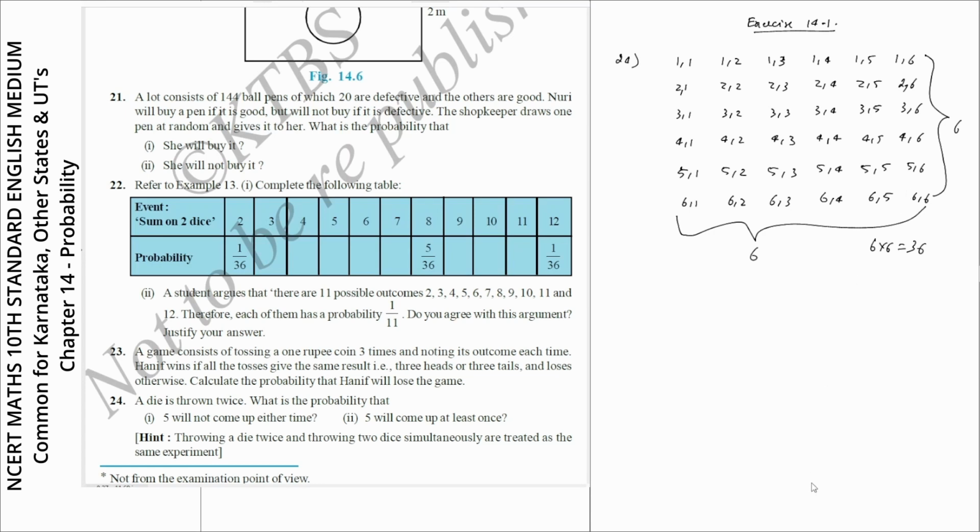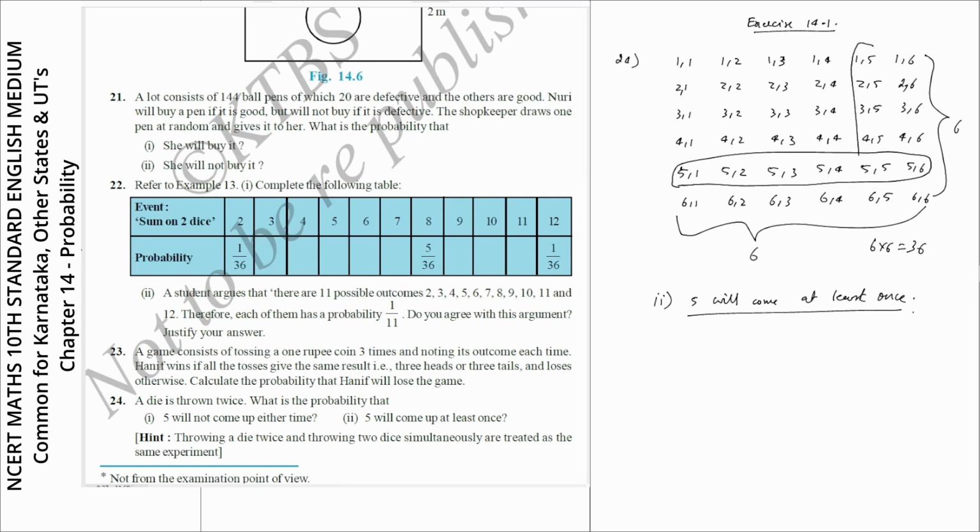Now, when the dice is thrown twice, what is the probability that 5 will not come up either time, and that 5 will come up at least once? First I will solve the second sub question: 5 will come at least once. Here you can see where 5 is coming. 5 is coming in this row, and also in this column.